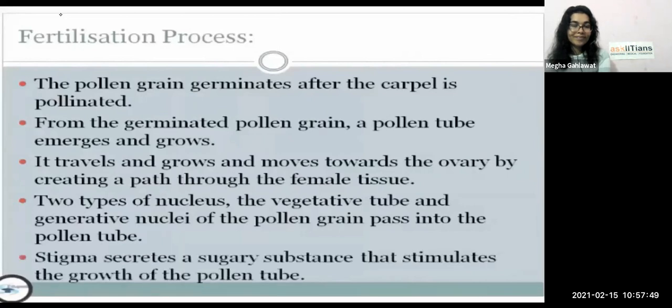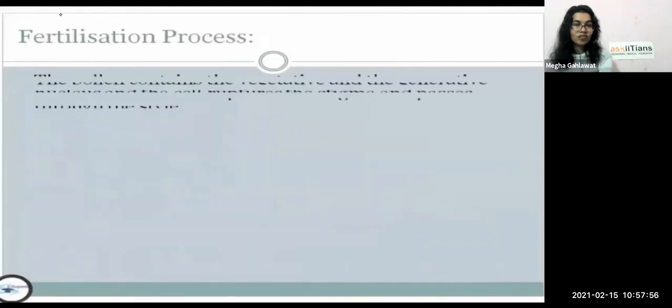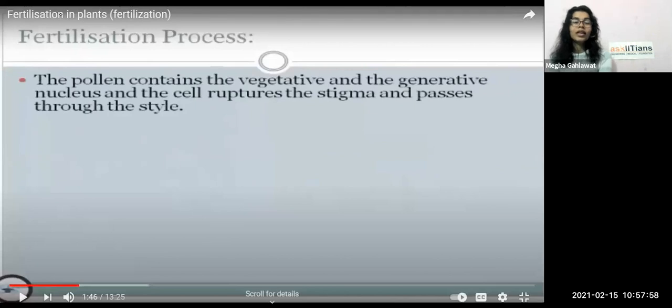The stigma secretes a sugary substance that stimulates the growth of the pollen tube. Okay, let me just clear this a bit. When we are talking about the stigma secreting a sugary substance, you can do this at your home as well if you have a microscope, or you can do it in your school or request your teacher for doing it.